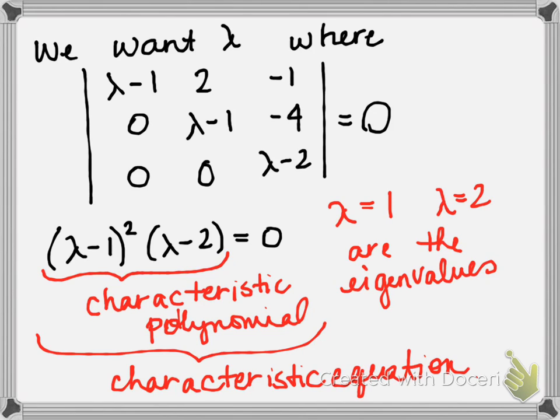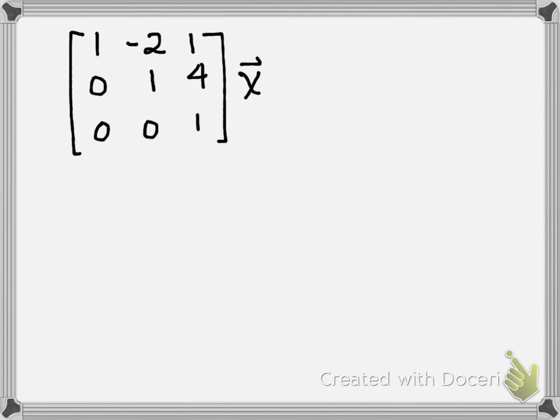So now we have eigenvalues, and that's one step toward finding the eigenvalues and eigenvectors of our matrix. So let's at least find the eigenvectors associated with, say, lambda equals 1. Actually, on second thought, I want to only look at eigenvectors associated with eigenvalue 2.